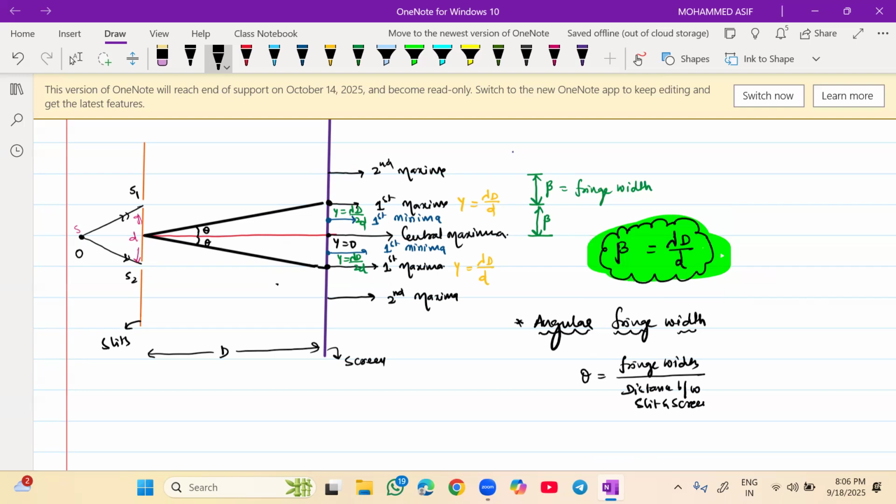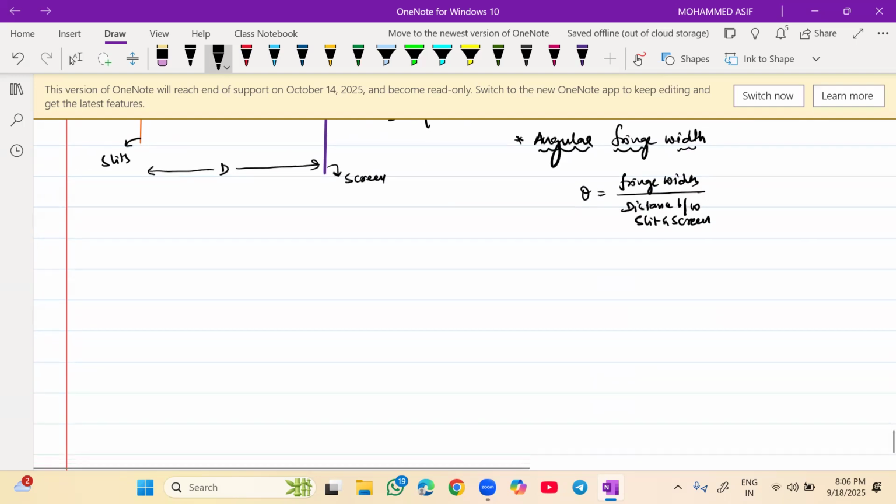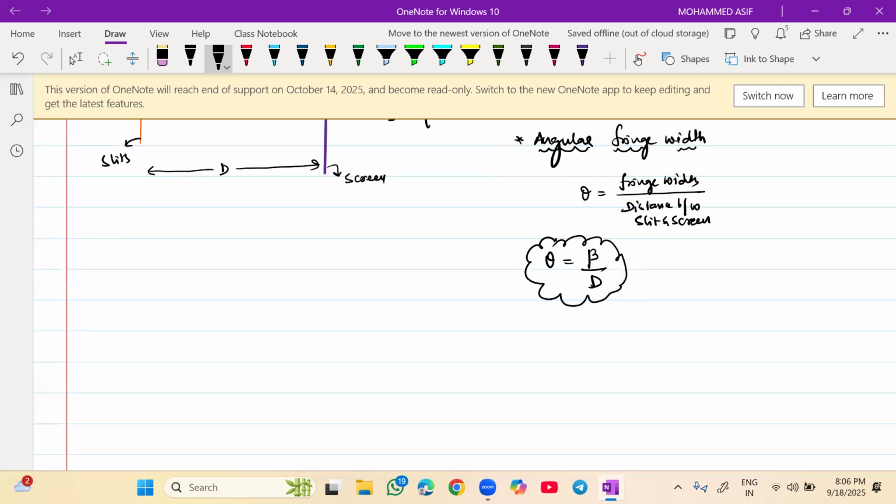That means I can write theta will be equal to fringe width beta divided by capital D. So theta is equal to beta divided by capital D. I can even write beta will be equal to capital D into theta. Fringe width is also equal to capital D multiplied by theta. Am I clear?